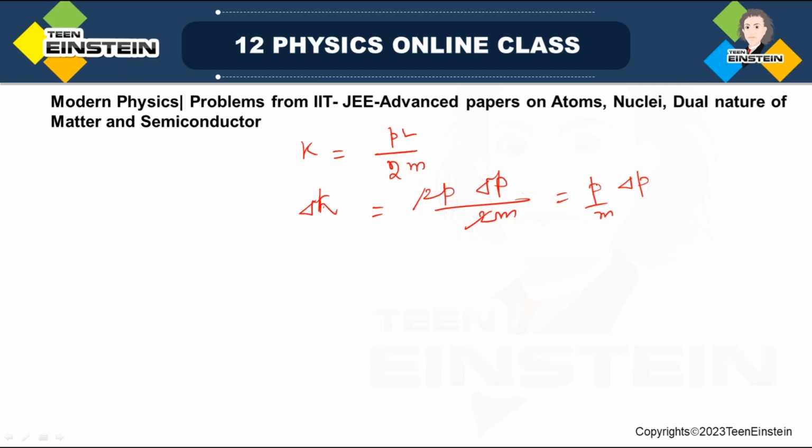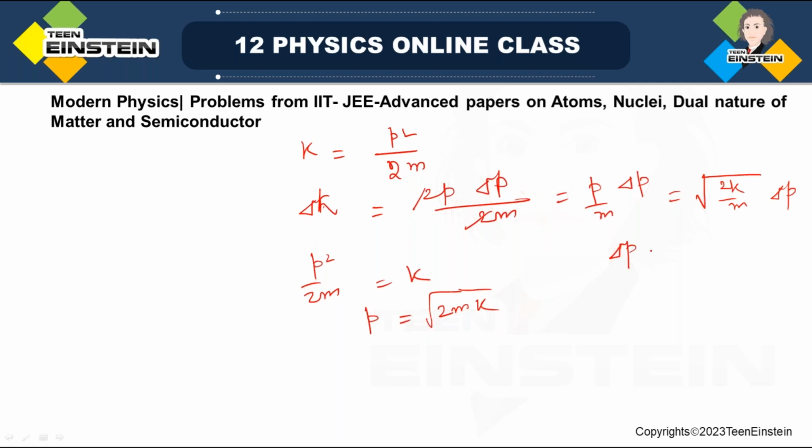Again, we know p squared by 2m is equal to kinetic energy. So in terms of kinetic energy, p will be root over 2mK. If we put it here, it will be root over 2K by m into delta p.